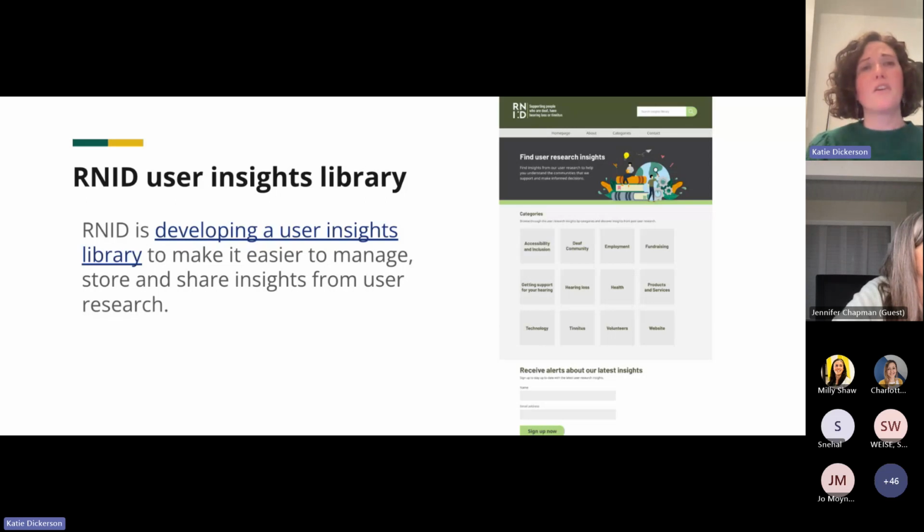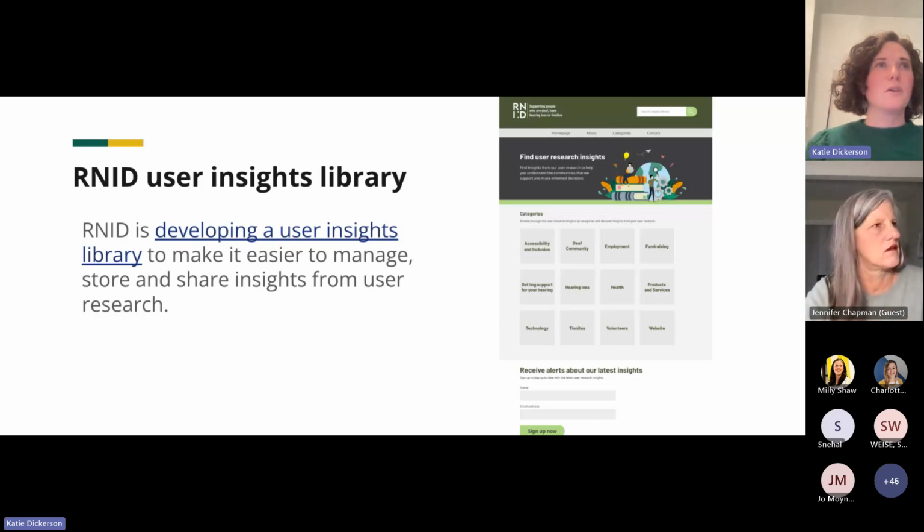So they were either starting their project without all of the relevant information that they needed, or they were replicating research that had already been done. So this was our attempt to make it easier for people to find that research and use it when they were starting or running projects.